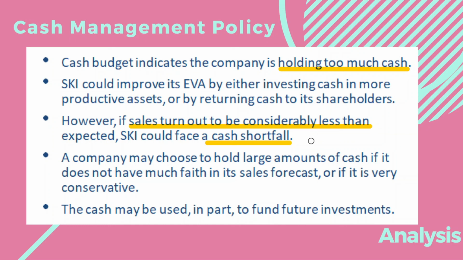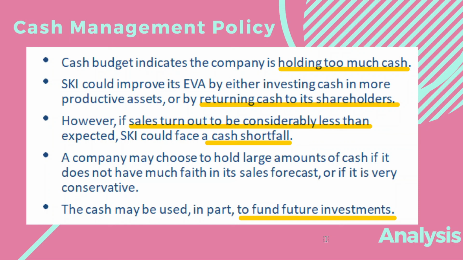On the other hand, look from the perspective of the shareholders. The company can pay this extra cash to the shareholders in the form of dividends. This will increase the value of the stock price and increase the wealth of the shareholders. In addition, this extra cash can be used to fund future investments of the company. These are all possible scenarios of the company's existing cash management policy.